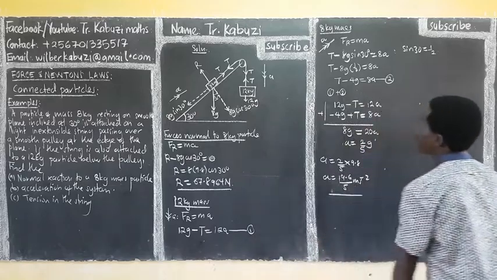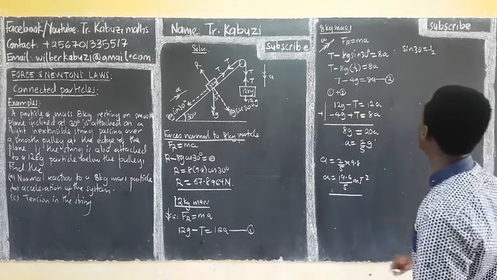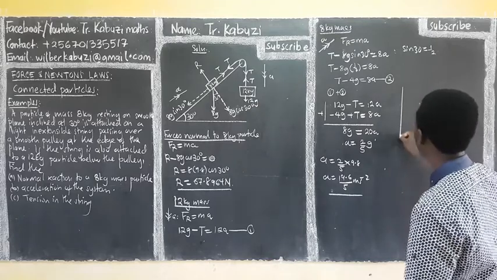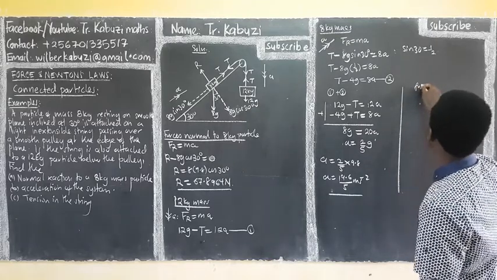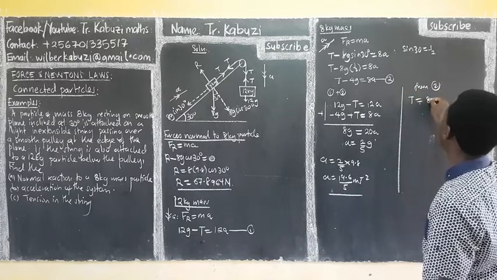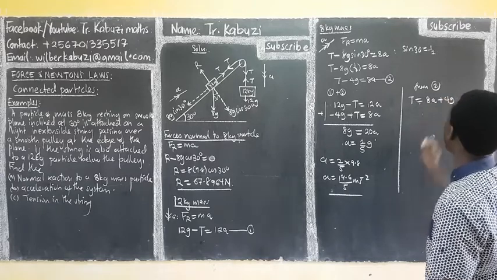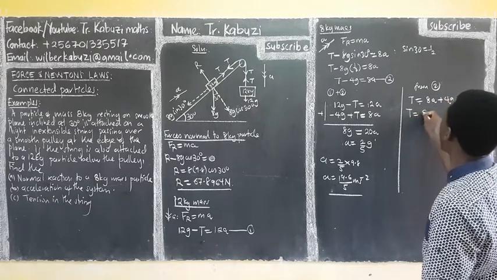Now if I have this, I cannot fail to get the tension. So from equation 2, my tension is going to be 8a plus 4g.